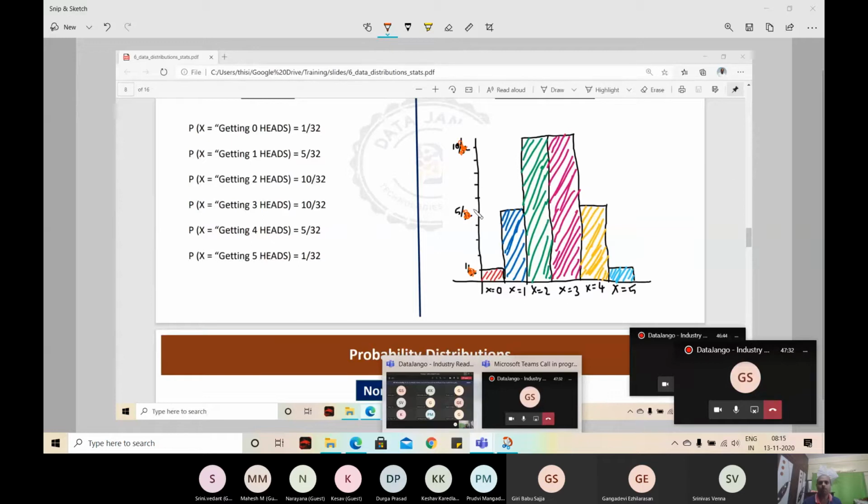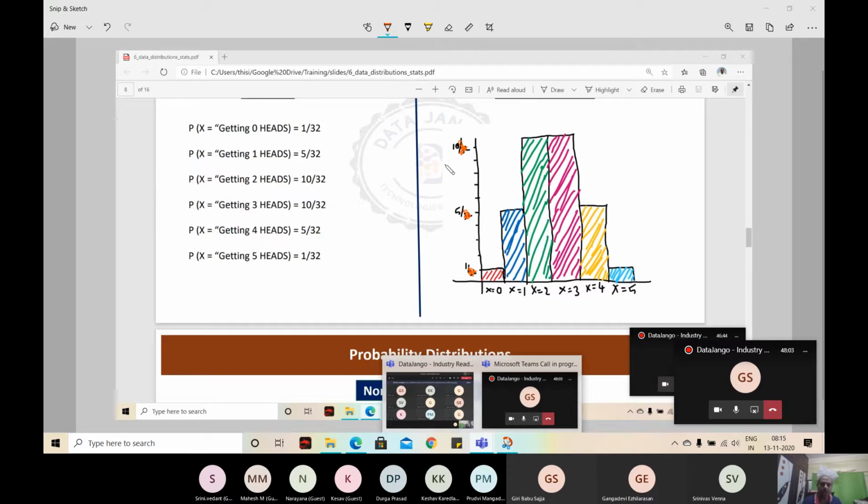Good. Now you can see what 1, 5 and 10 are. Out of 32 combinations, one combination is the 0 heads combination, all tails. Out of 32 combinations, 5 combinations have 1 head: either the first trial, second, third, fourth or fifth. Getting 2 heads has 10 combinations.